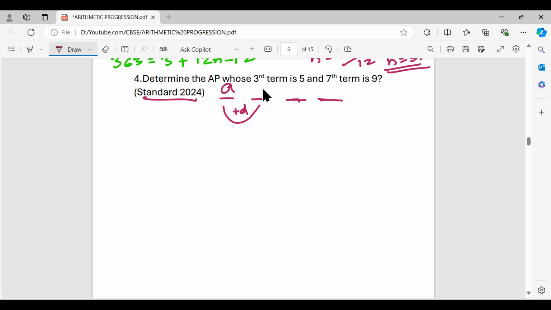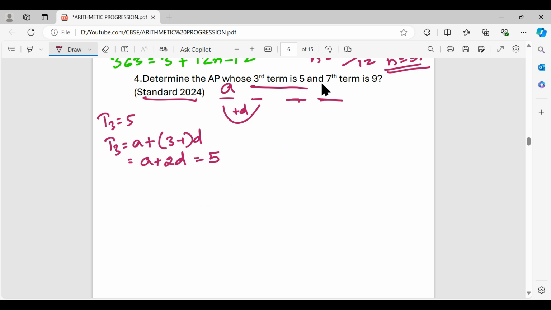Now let's see here. Your question is determine the AP whose third term is 5. So T3 is 5. And what is T3? T3 will be A plus (n minus 1)d, that is 3 minus 1 d. So T3 is A plus 2d, right? And it says that T3 is 5, so we will write A plus 2d equals 5.